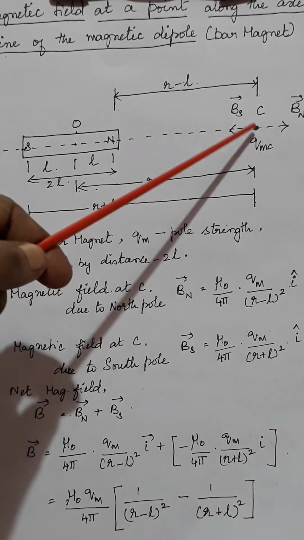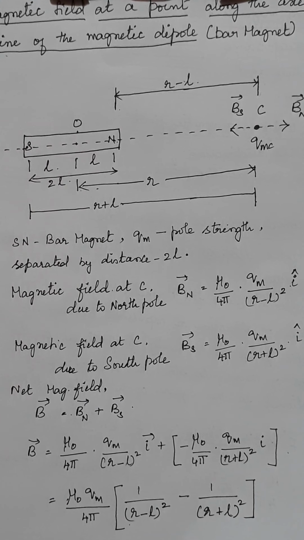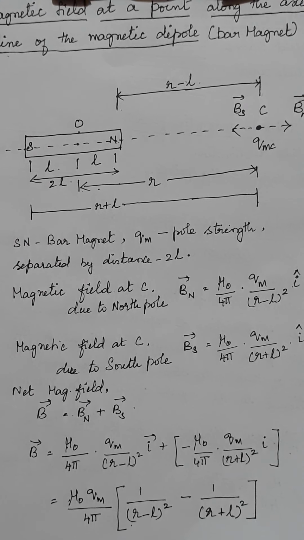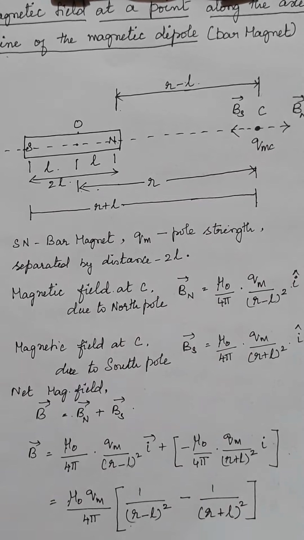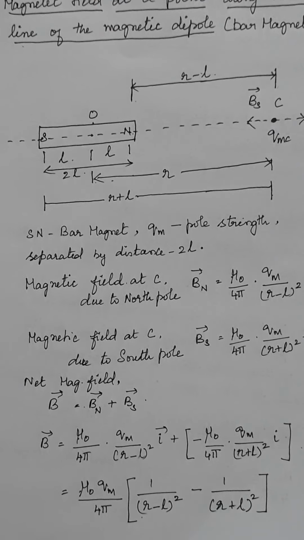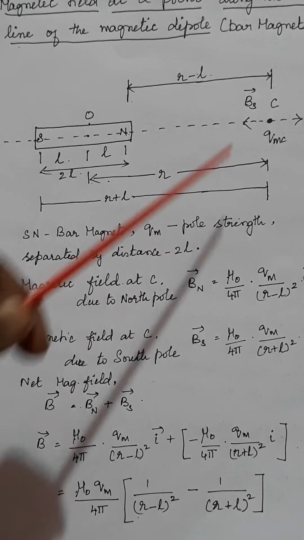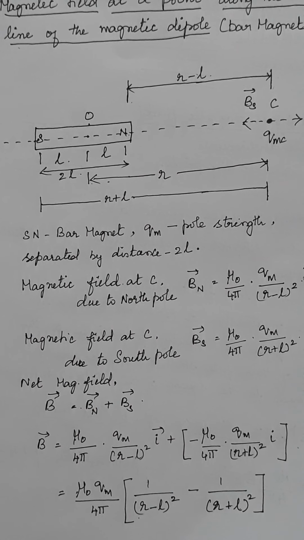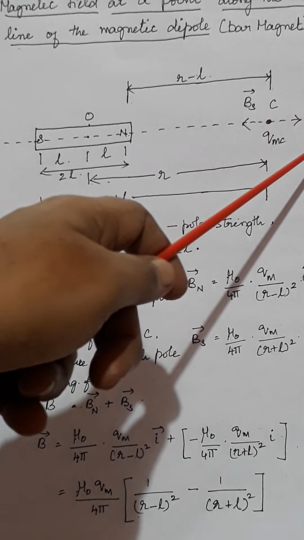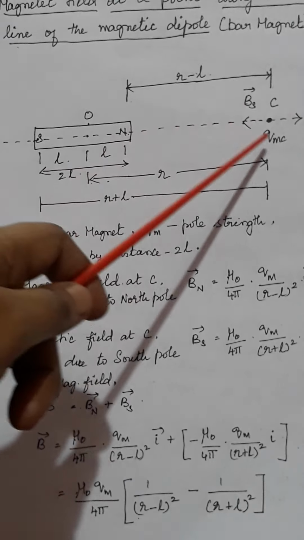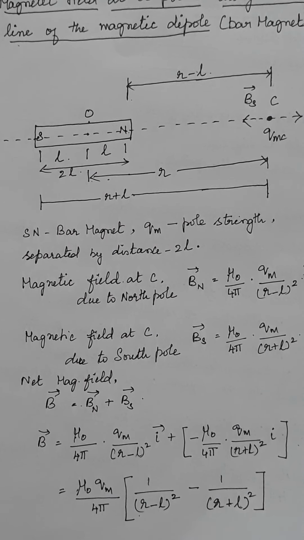Then you consider a point, C, at a distance of r from the midpoint, the same as you considered in the electric field answer. That is what is taken as QMC, where Qm is the pole strength and QMC is the pole strength at the point C. From the north pole, the field line will be away from it, and due to the south pole it will be towards it, like positive and negative in the electric field.